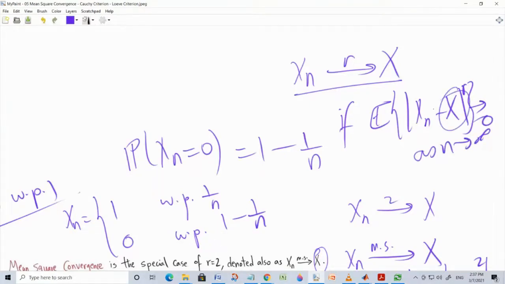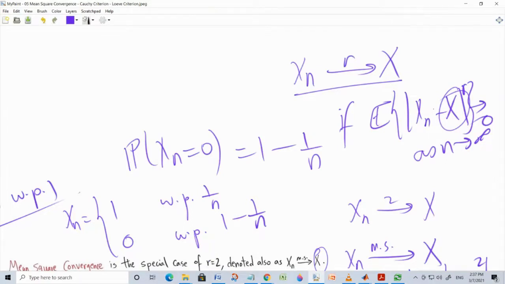But what if you do not know X? In many practical cases, we have no idea. You just have a sequence of random variables.